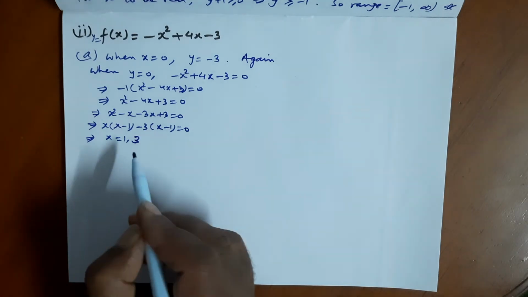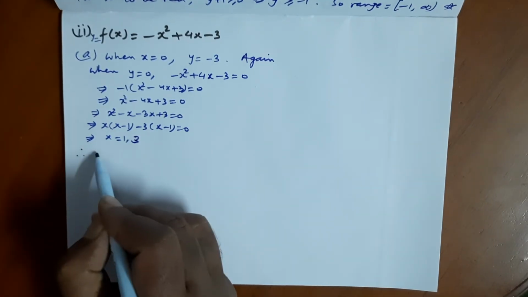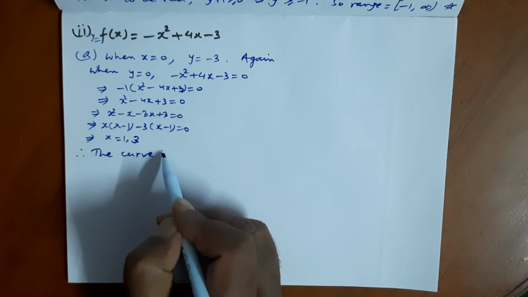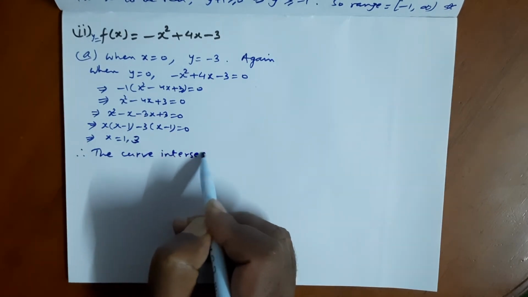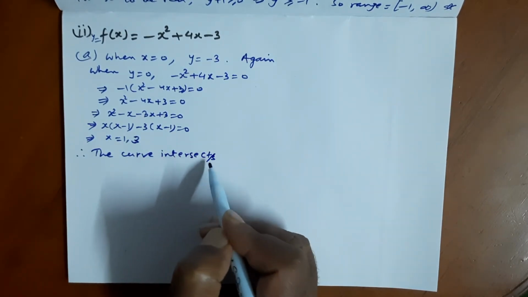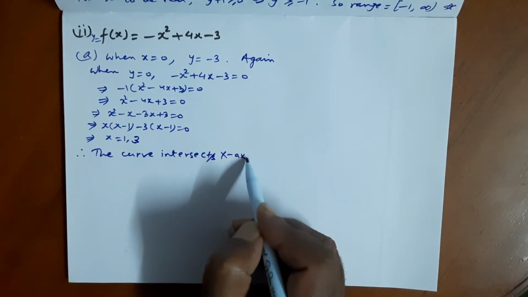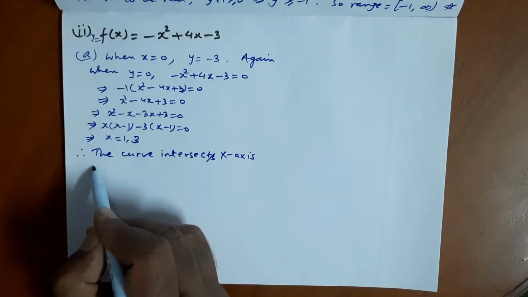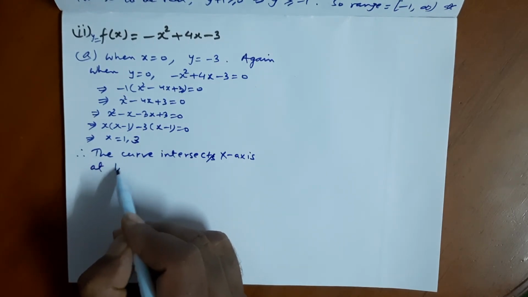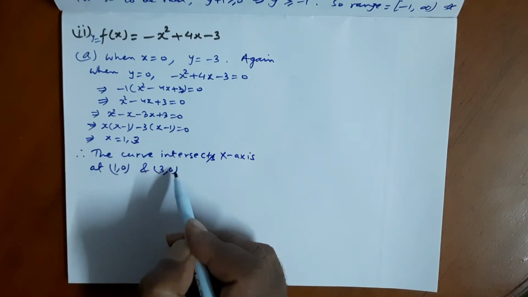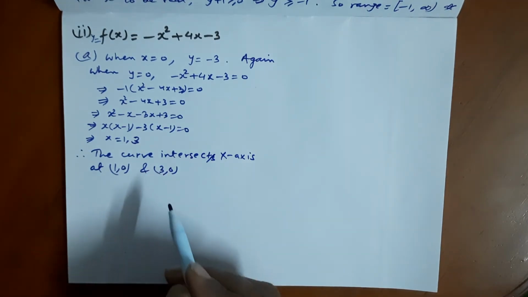And that means, therefore, the curve intersects y equal to 0, means the x-axis, at (1, 0) and (3, 0). This is one characteristic.